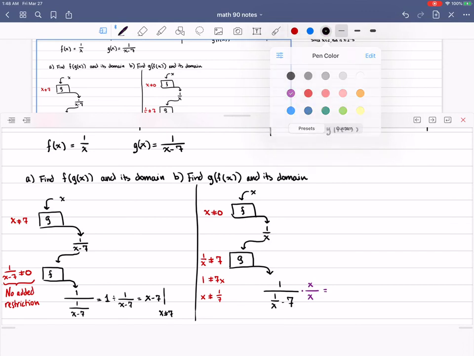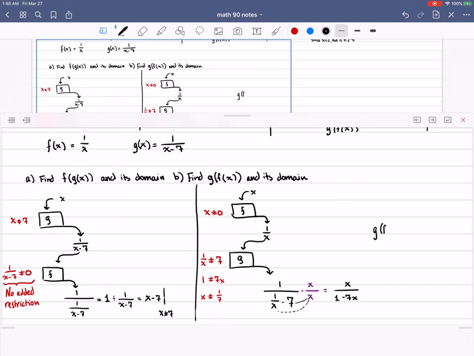And what we get there is X on top. And then on the bottom, we distribute. 1 over X times X is 1, minus 7X. So let me summarize here. G of F of X is X over 1 minus 7X.